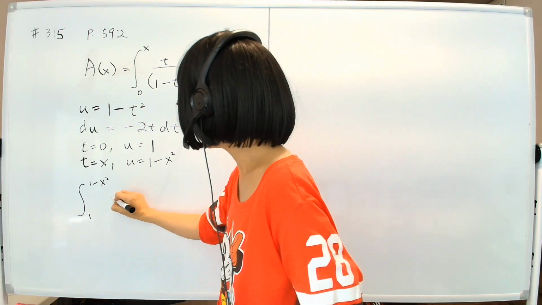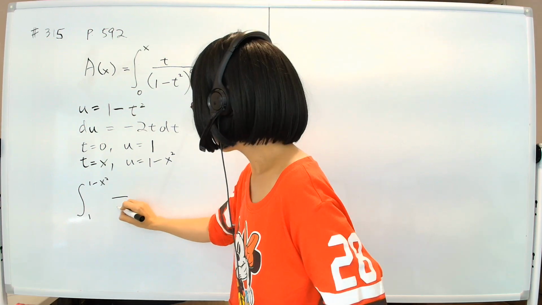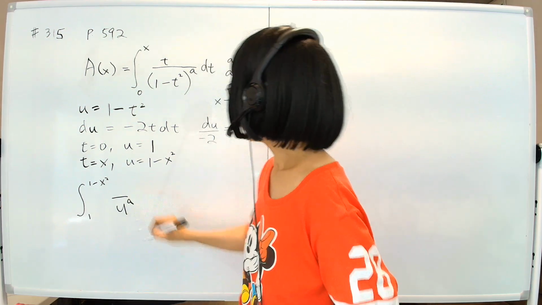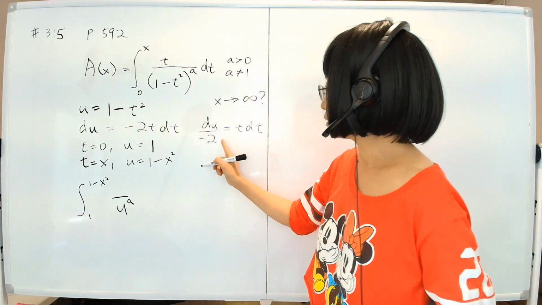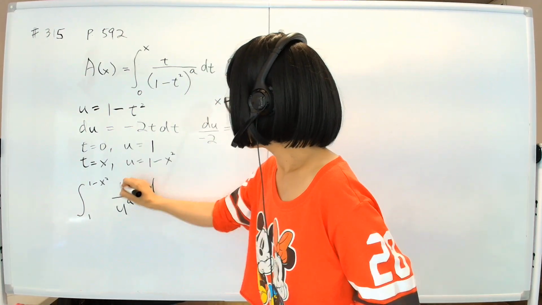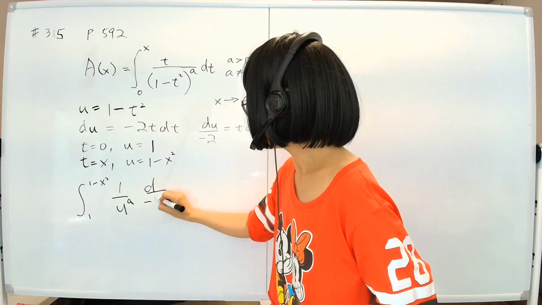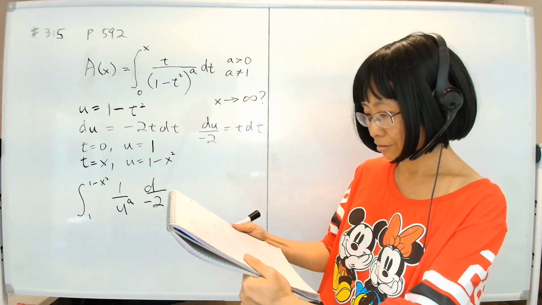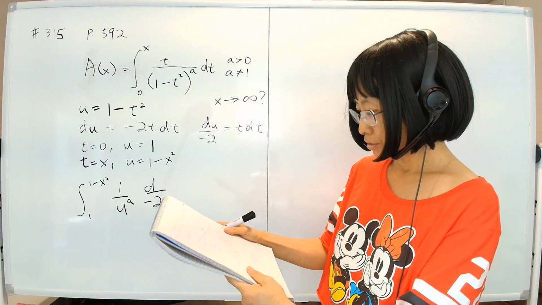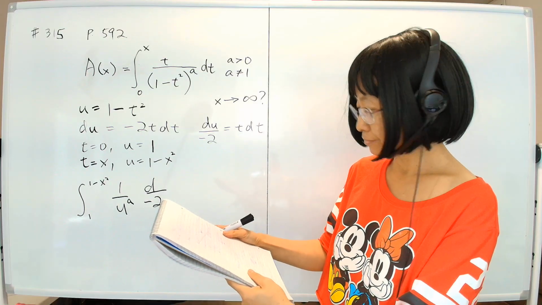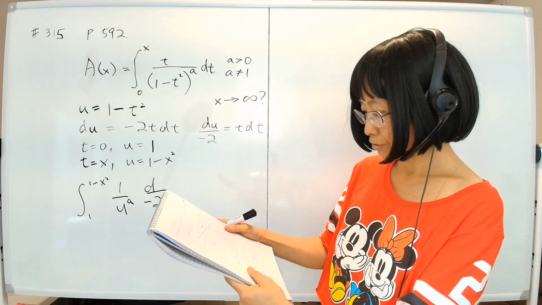So this is u to the power of negative a, and then up there we just have t dt, which is du divided by minus 2. Does that look okay to you? Let me double check, make sure I didn't mess up. So that equals, yeah, that looks okay to me.